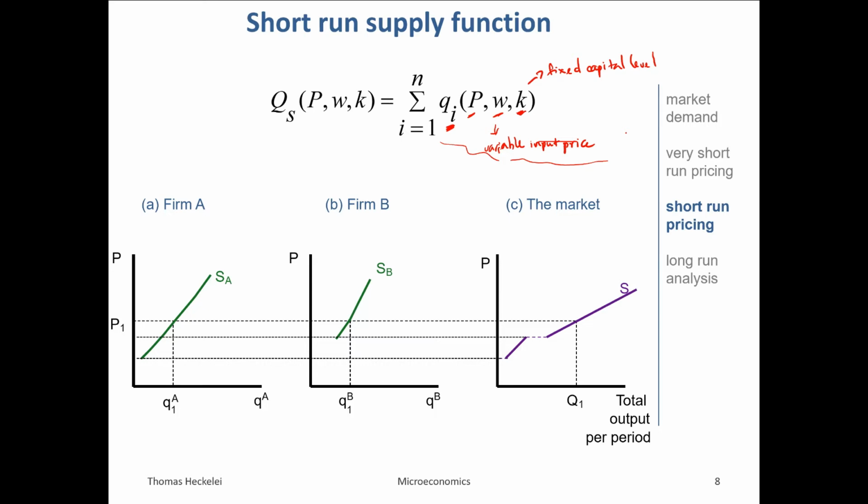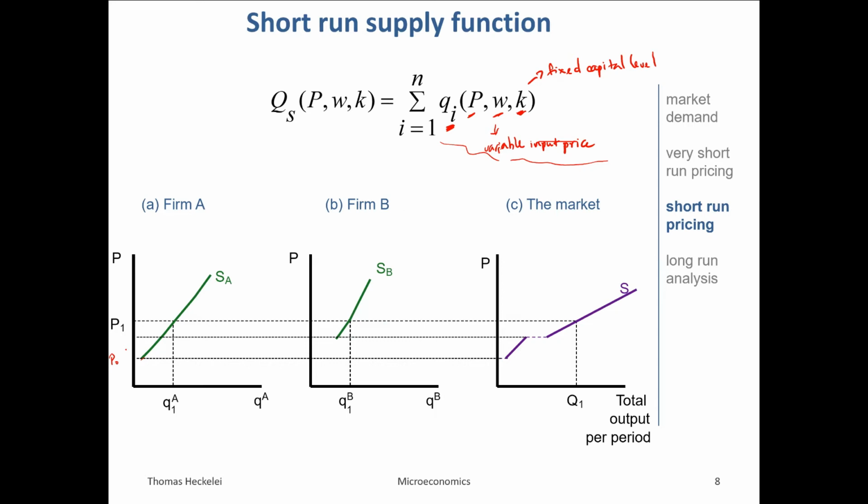Why? So for example, you have firm A now, which is willing to produce at this price already, let's say P0. Because remember, we had a graph where there is short-run marginal cost and short-run variable cost.